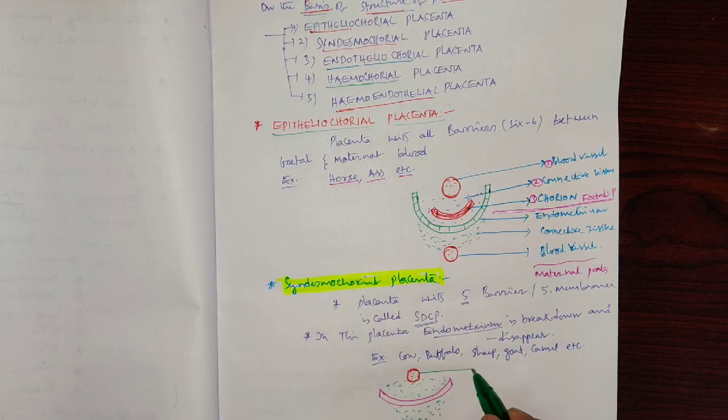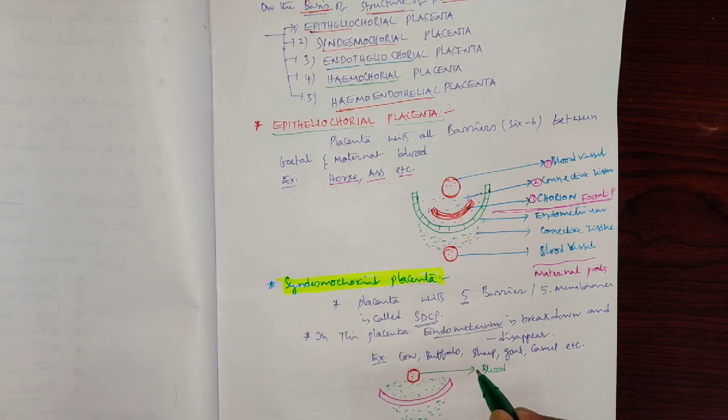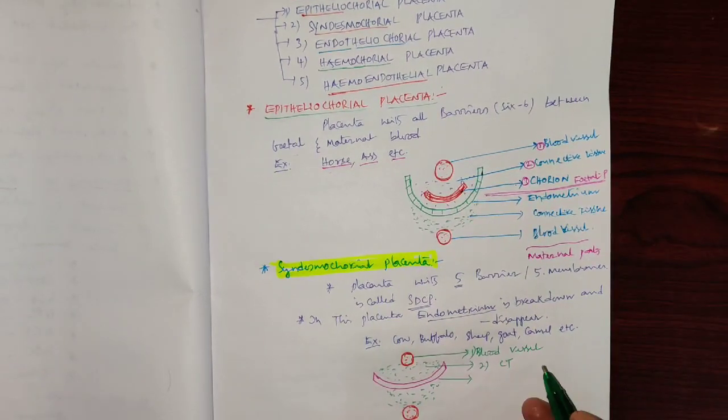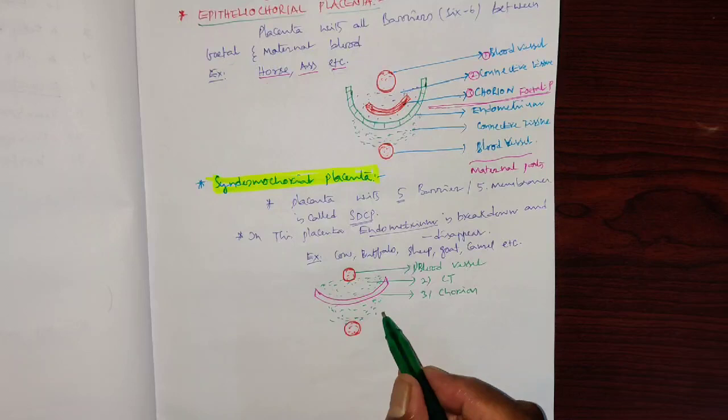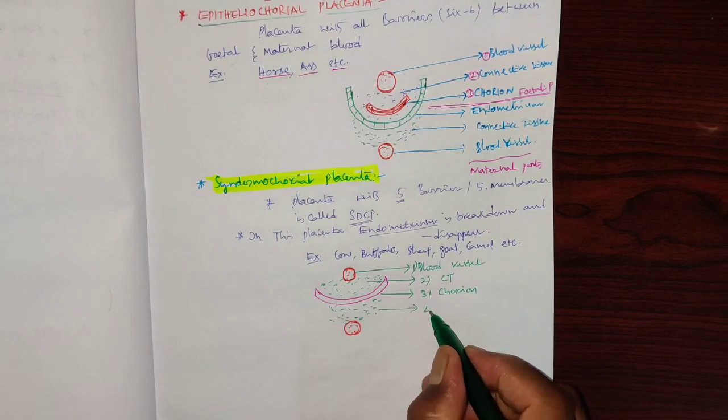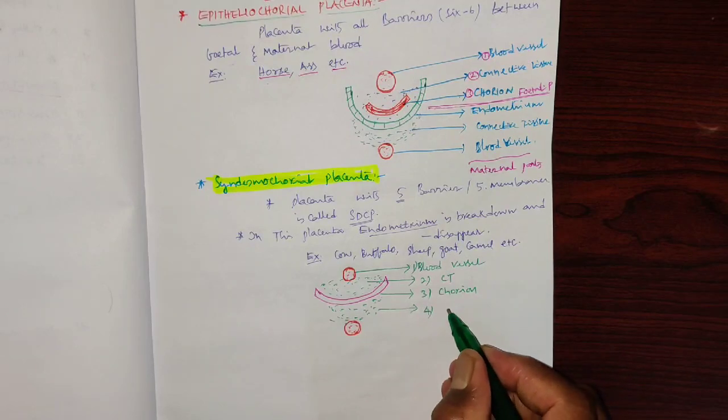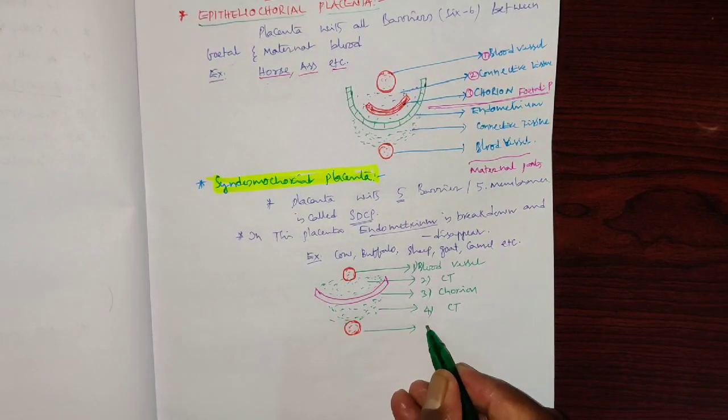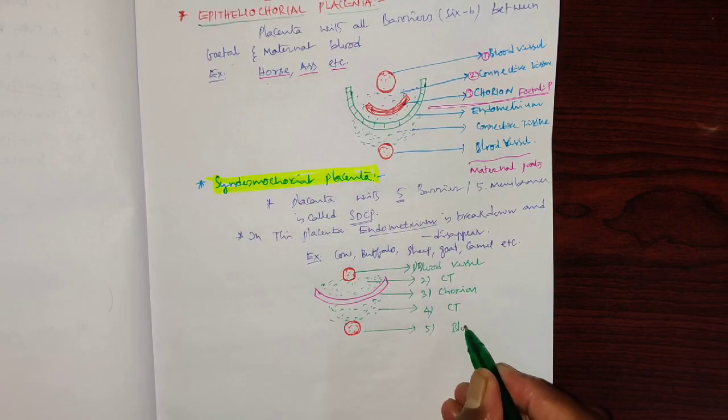They are fetal blood vessel, fetal connective tissue, fetal chorion, maternal connective tissue, and maternal blood vessel.